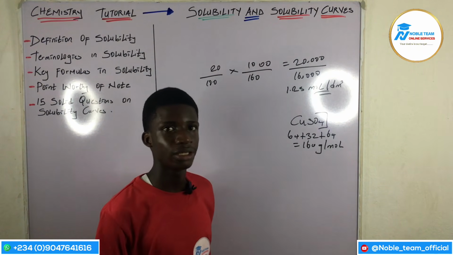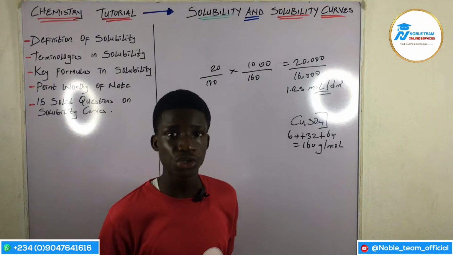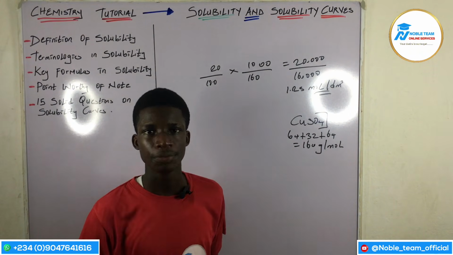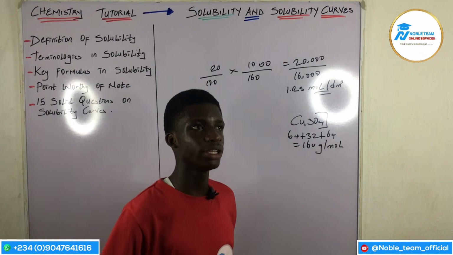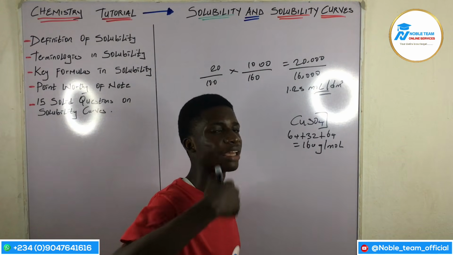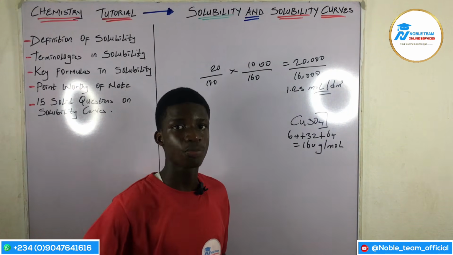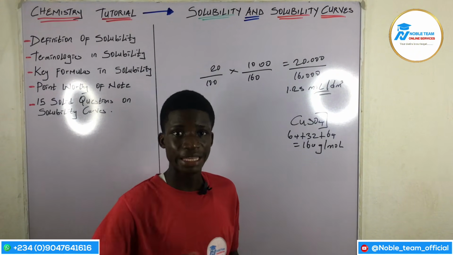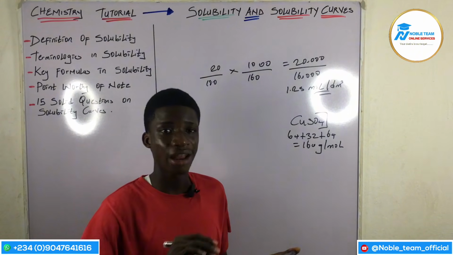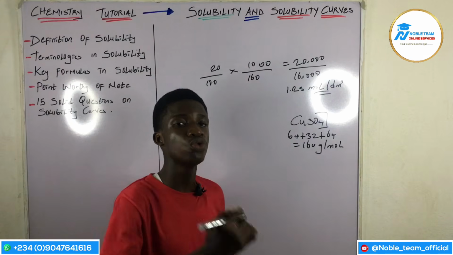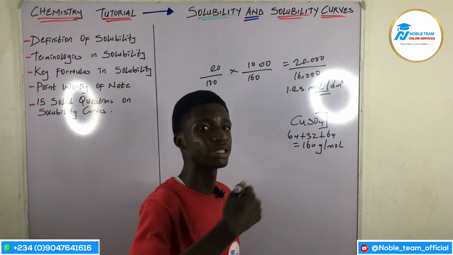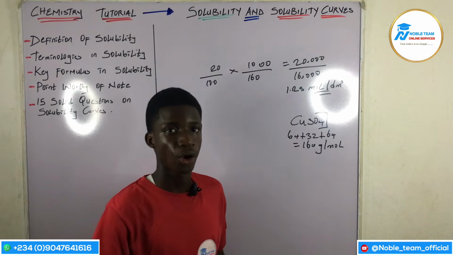Because in solubility, sometimes in a question, they will not give you the chemical formula of the compound. You will have to bring it out yourself. So it is very advisable for you to know how to get the chemical formula of a compound.